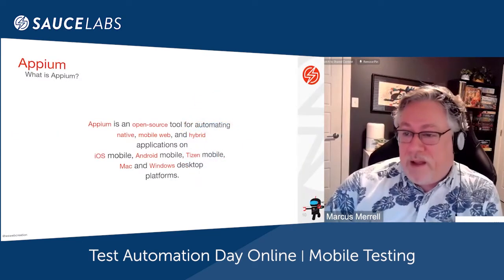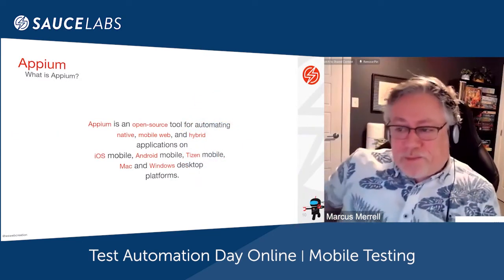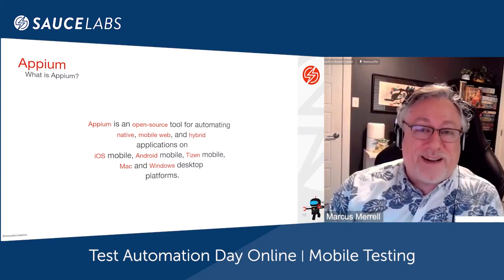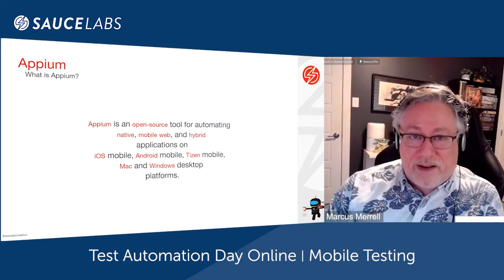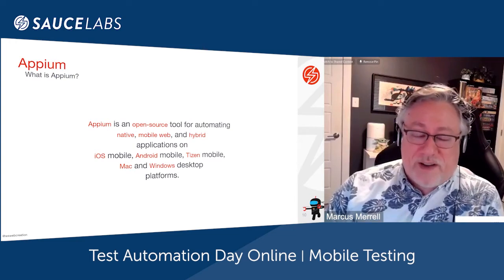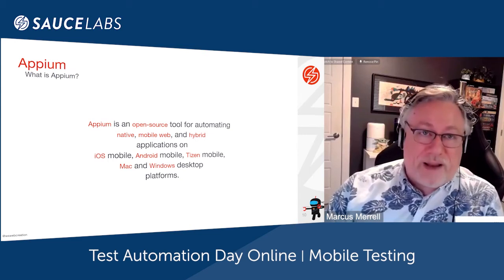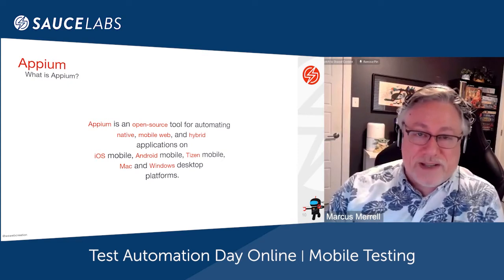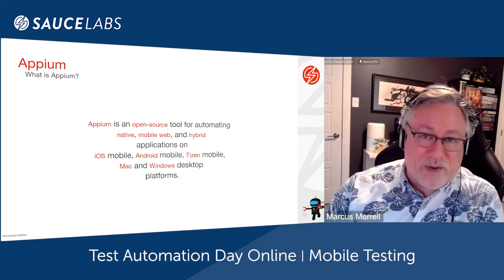The funny thing about it is that Appium was first proposed literally as a 5-minute lightning talk by Dan Cuellar in the 2012 Selenium conference in Boston. It was a 5-minute talk where he said, wouldn't it be great if we could combine the iOS and Android testing into one thing using the similar protocols that we use for WebDriver?